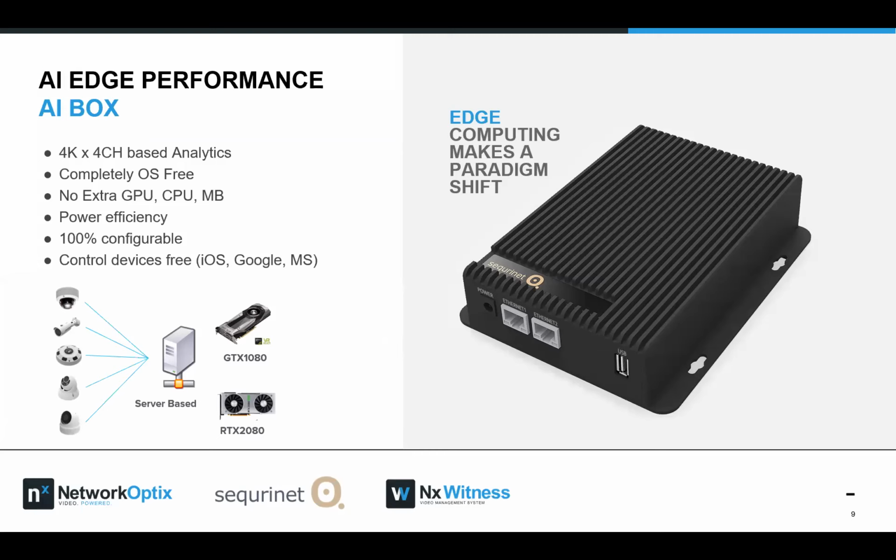If you look at the drawing at the bottom left, a lot of the server-based systems doing AI run on NVIDIA or Intel platforms at a certain cost in order to get the computing power they need to run their artificial intelligence. Our AI box is able to do the same without all that extra server-based computing power.